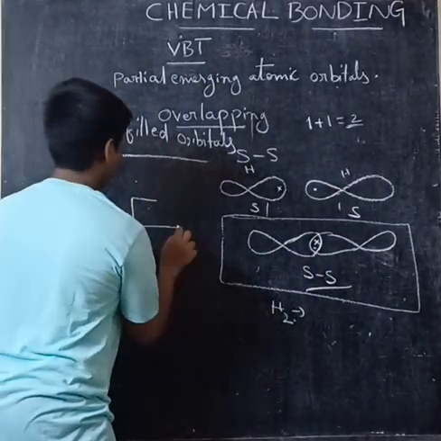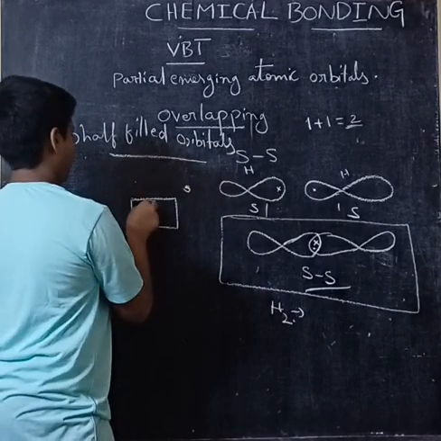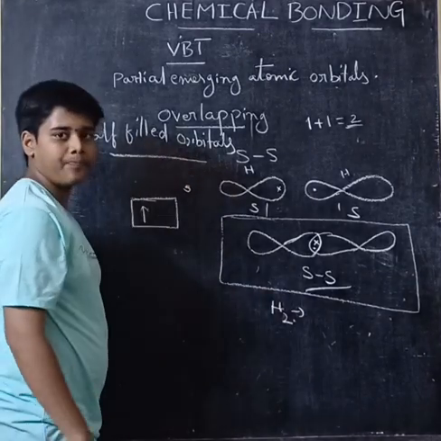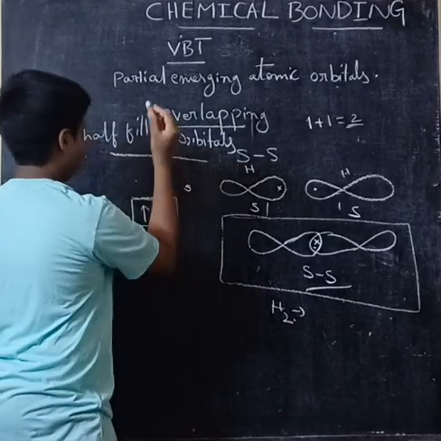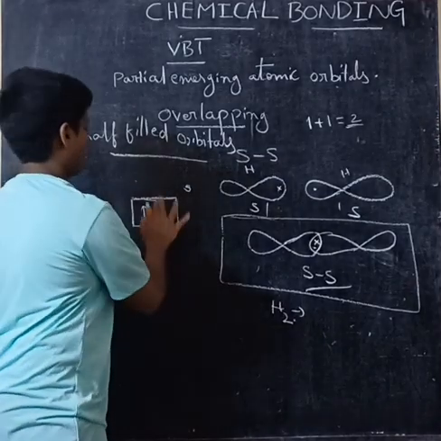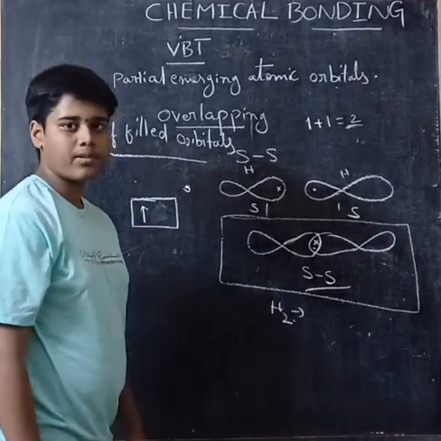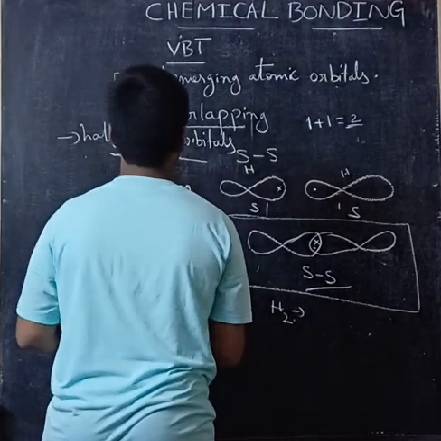According to Hund's rule, take this as the s orbital in hydrogen, only one electron is there, like this. We want another with opposite spin, and this is the other with opposite spin. So this is the partial overlapping of atomic orbitals. Okay. So this is the overlapping process.